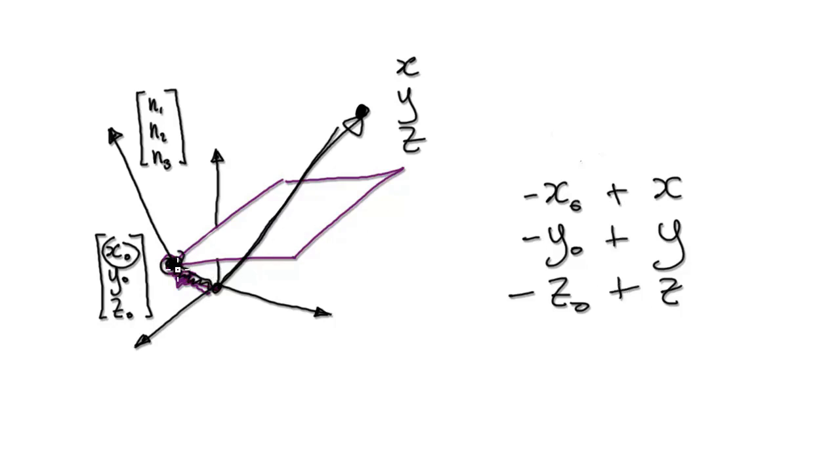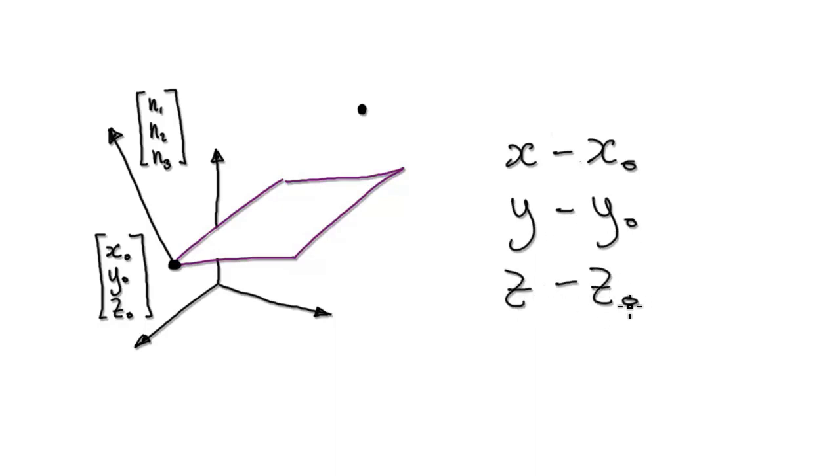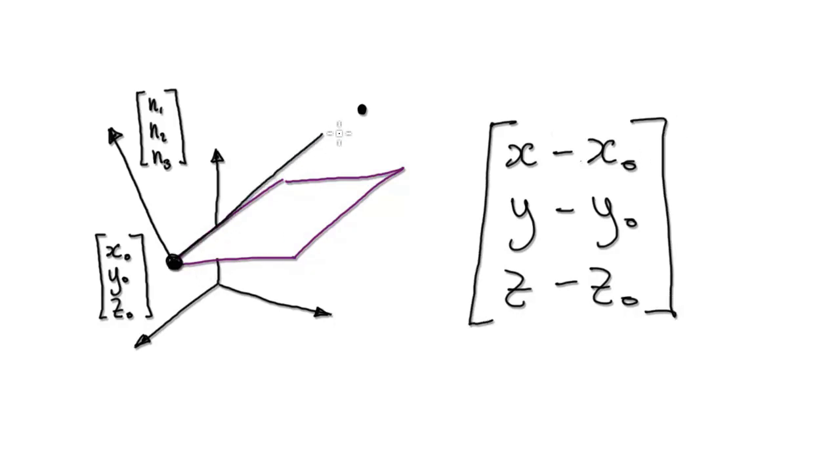So this vector is really the combination of these two, but I'm going to tidy this up. I'm going to imagine it as x minus x0, y minus y0, z minus z0. This is our vector from here to here.